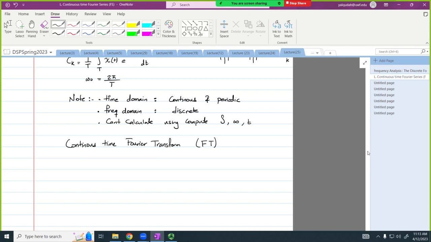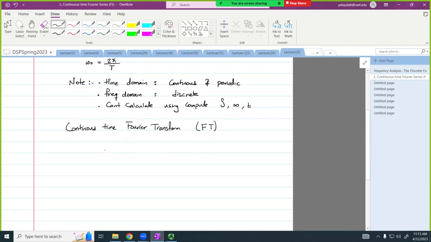So this is one of the most used transformations. If I have a signal x of t, it is equal to the integration from negative infinity to infinity of x of omega e to the j omega t d omega. This is how I get the signal in the time domain from the spectrum x of omega.